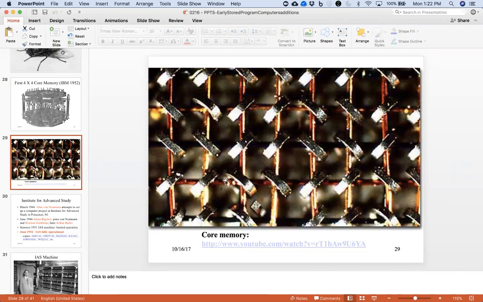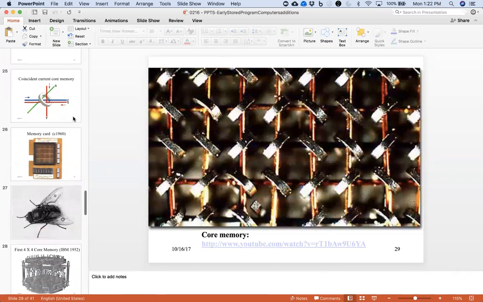Electrical currents are passing through here, and any location you want to magnetize, you just line up the electrical current on each of those dimensions, and then it will put it into a magnetic state that you can then read to find out the value of that memory. Each one of these is encoding a bit of information.